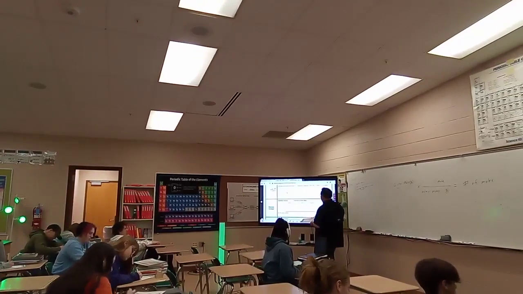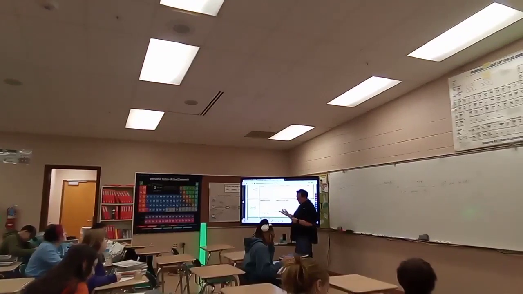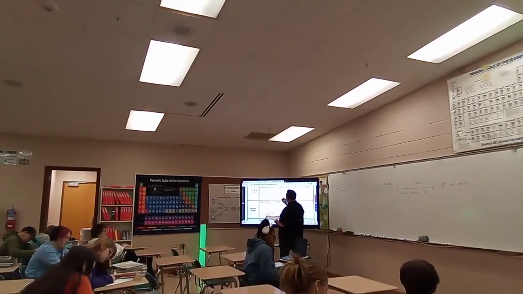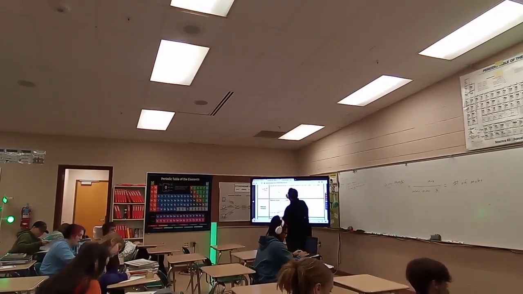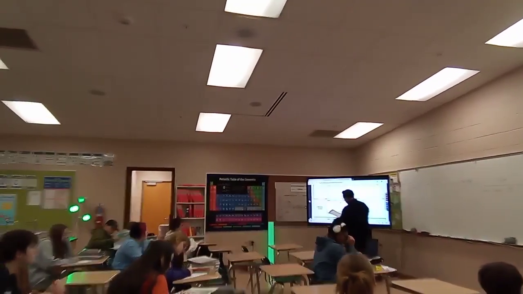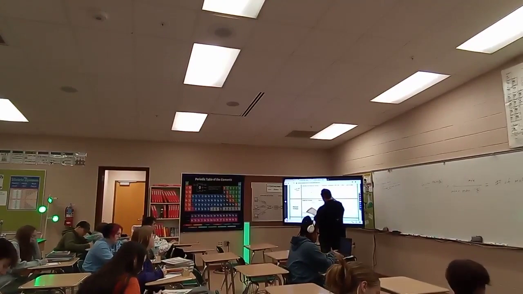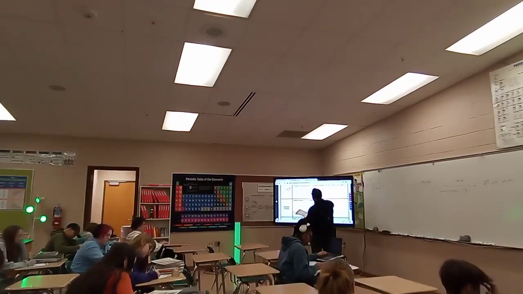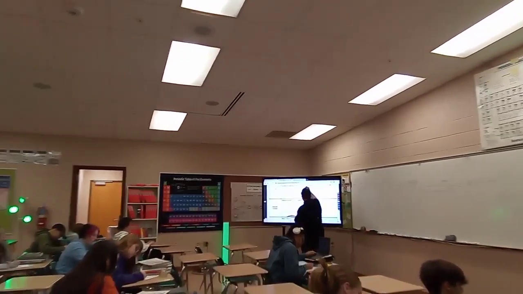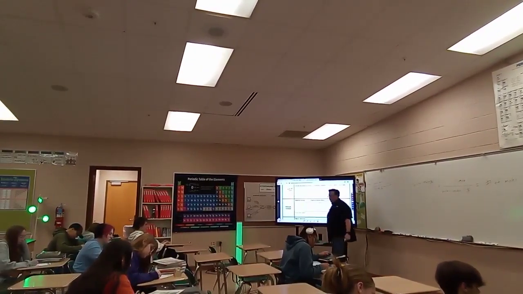So now I got to divide. What's the smallest one? 2.7, right? So right away we know this is going to be 1, right? This divided by 2.7 is going to equal 2.5. And this divided by 2.7 is going to equal 1.5.